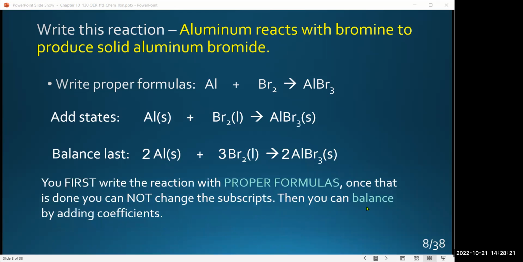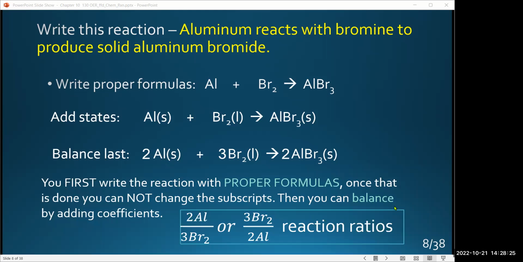And so now we have a balanced chemical reaction with the proper, correct formulas. And don't forget the ratios. Look at the ratios between reactants. I can write it with 2 aluminum in the numerator or 2 aluminum in the denominator. Which one I need to use, totally dependent on the question being asked, okay? These reaction ratios.